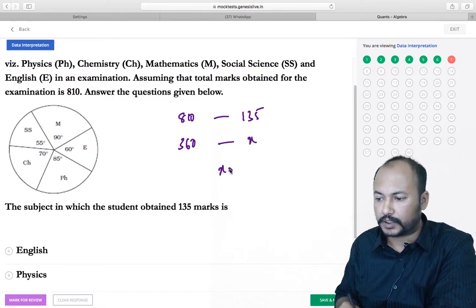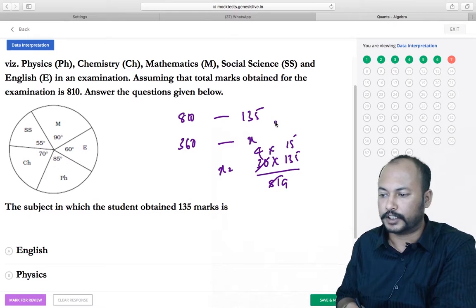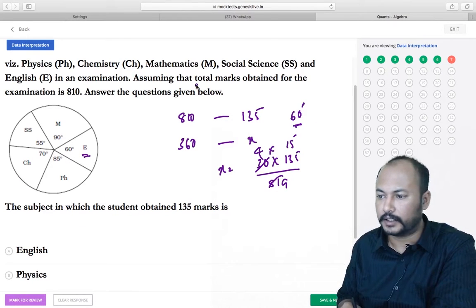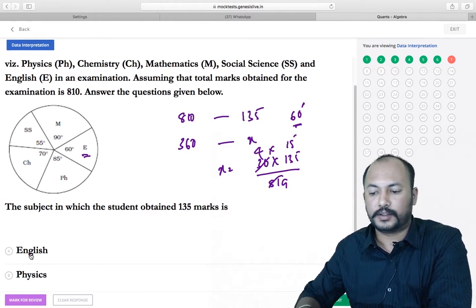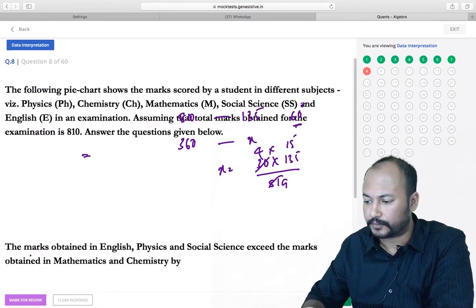So x is equal to 360 into 135 divided by 810. Okay, this is 9 4 times, 9 9 times, and then 9 15 times. 15 into 4 is 60 degree. Great. 60 degree is E, of course English, option A. All right, that's it. Let's move on to the next one.